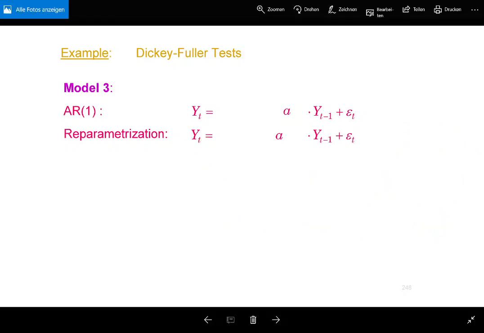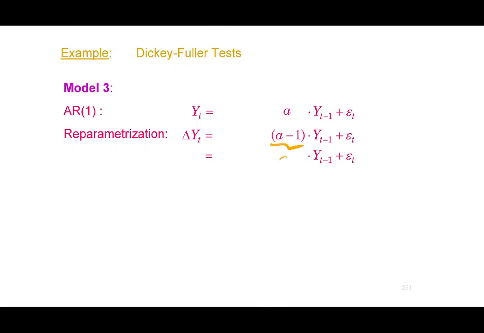So if you want to take the increments, that's the result. In this case, I'm calling this parameter phi. It has nothing to do with the normal distribution; it is simply a new parameter.